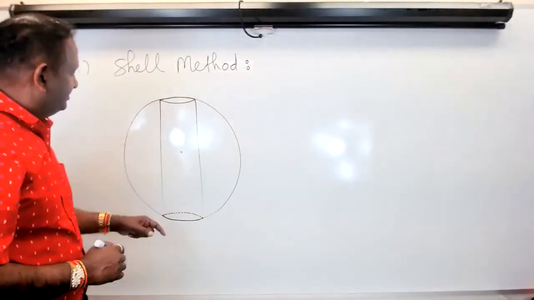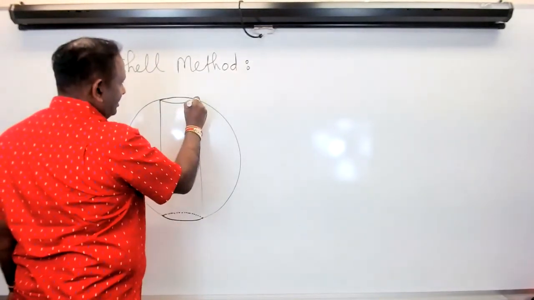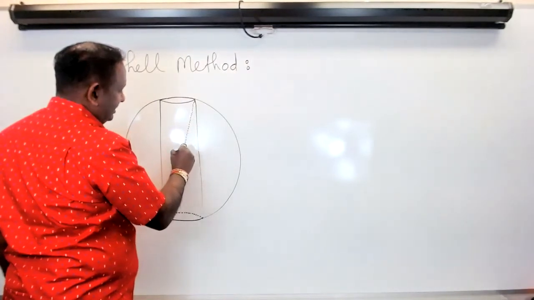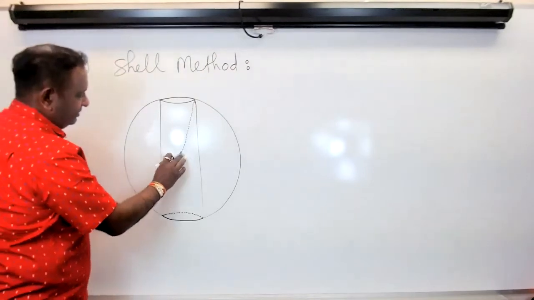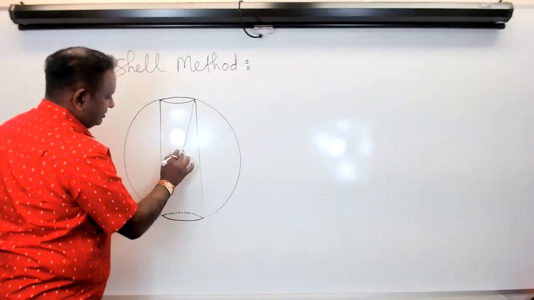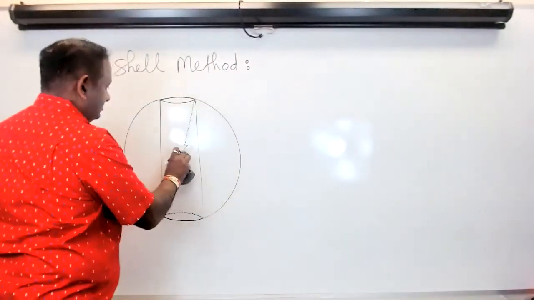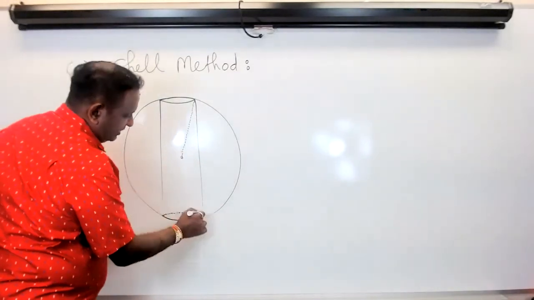This is the sphere. From here to here, that's the radius of the sphere, and it's the same in every direction.